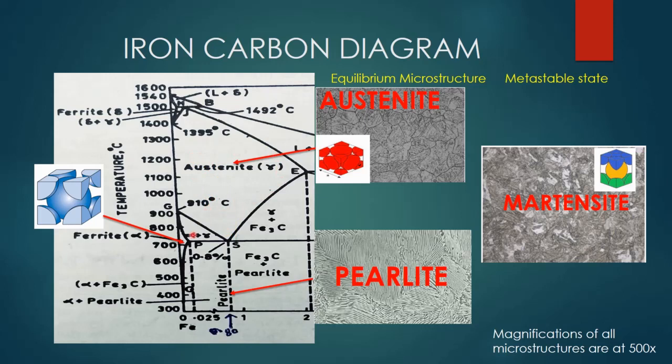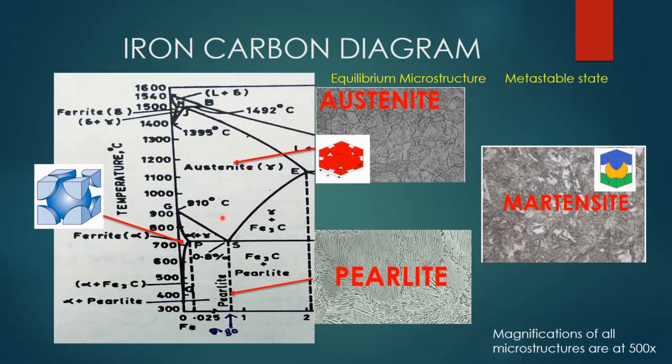And you can see at a maximum solid solubility of 0.025% carbon, a phase called ferrite, and another phase, delta ferrite, which is also BCC, at more than 1400 degrees centigrade. All these are the allotropic forms of this iron carbon alloy.